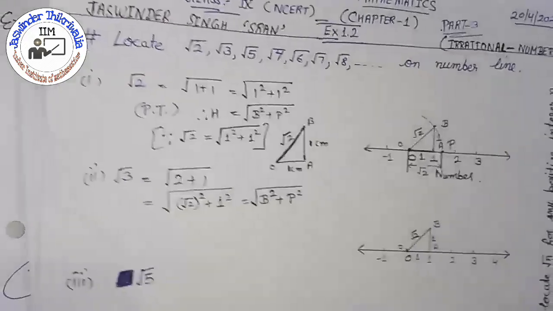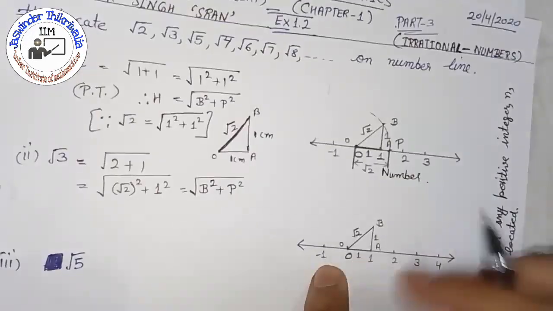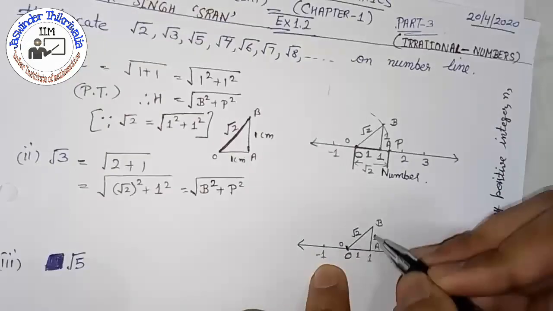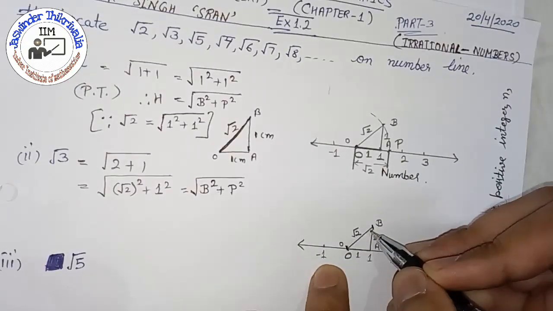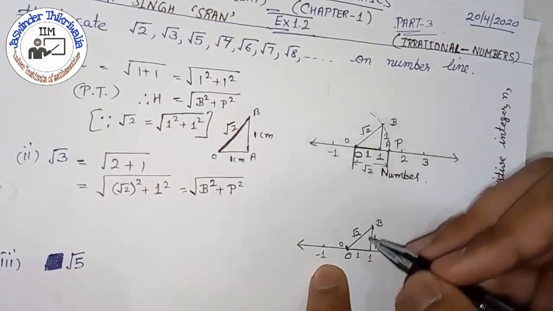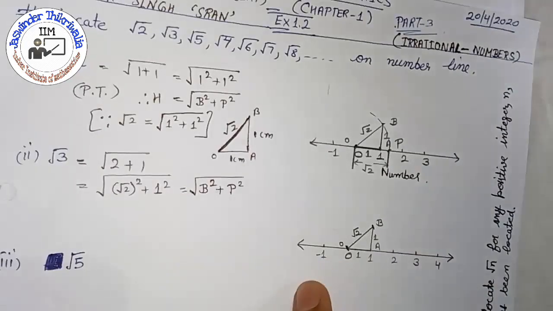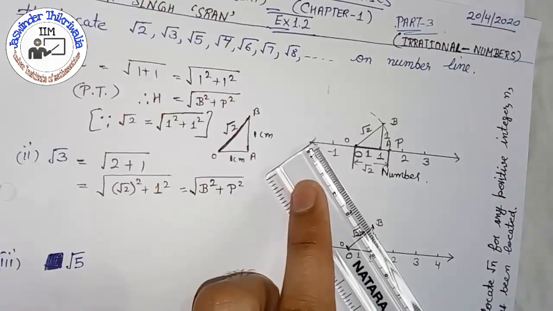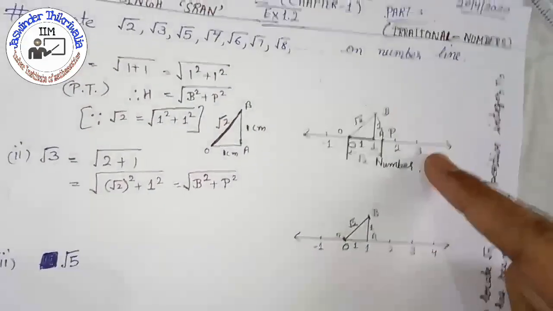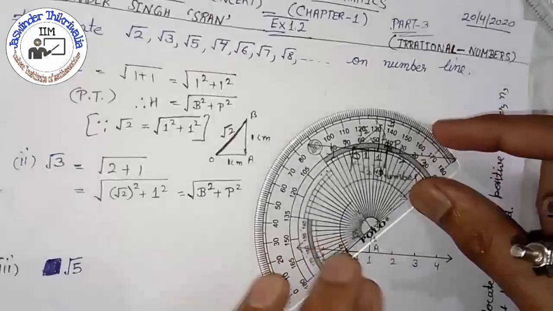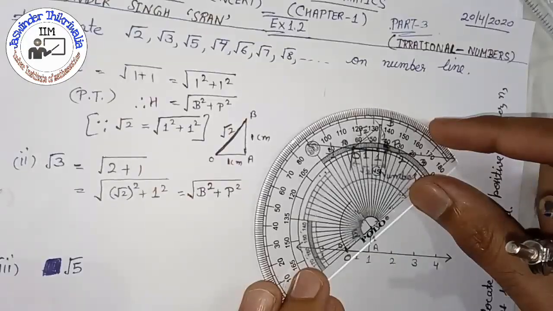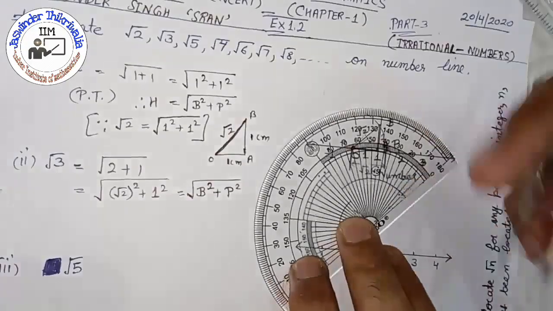Now look at this figure, OB, O to B, is root 2. This is from the previous problem. So now at point B we will again draw a perpendicular. We can use a set square for more accuracy, because you can get an accurate diagram.